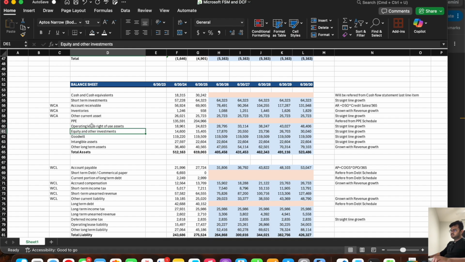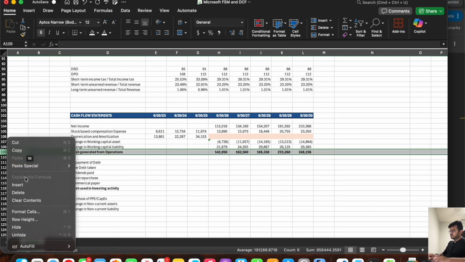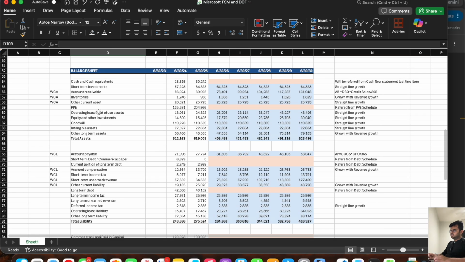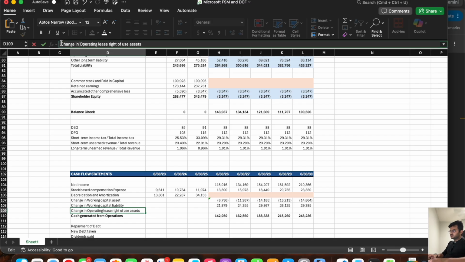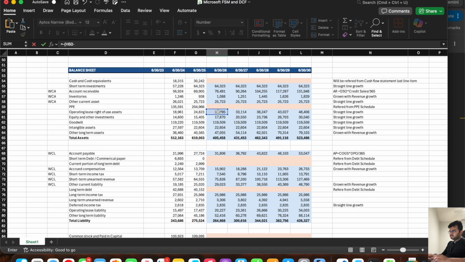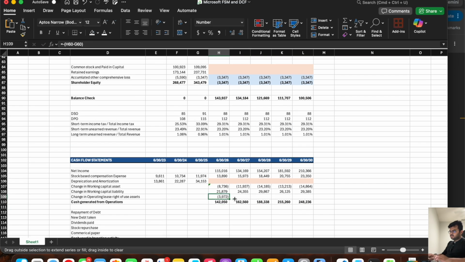Equity and other investments. I think I will put this in the cash flow from operation, but it's not a working capital or short-term item. So I will use this, then put the change in operating assets, which is nothing but the difference of this year minus previous year, and then do the summation.